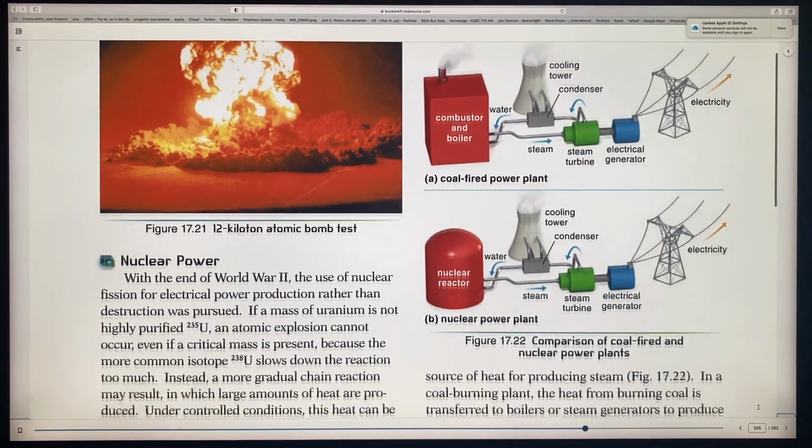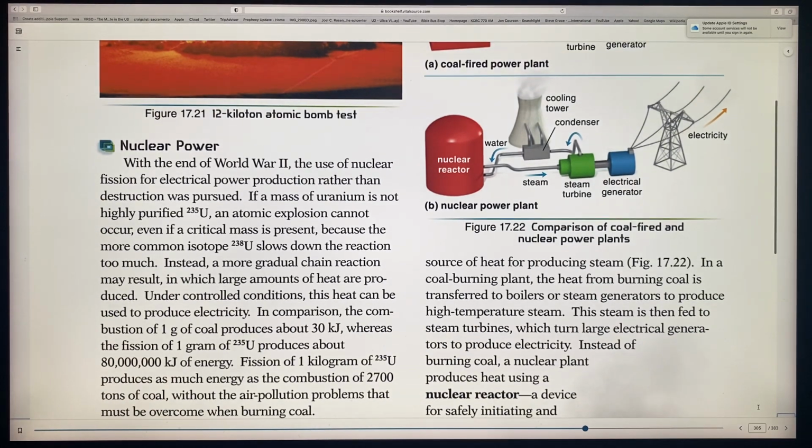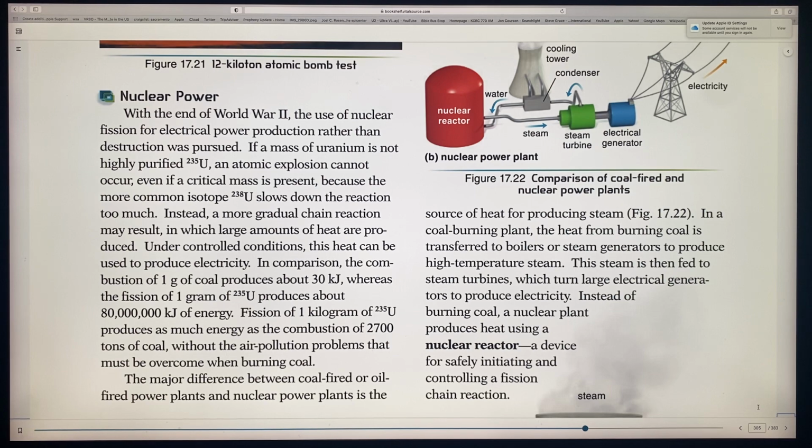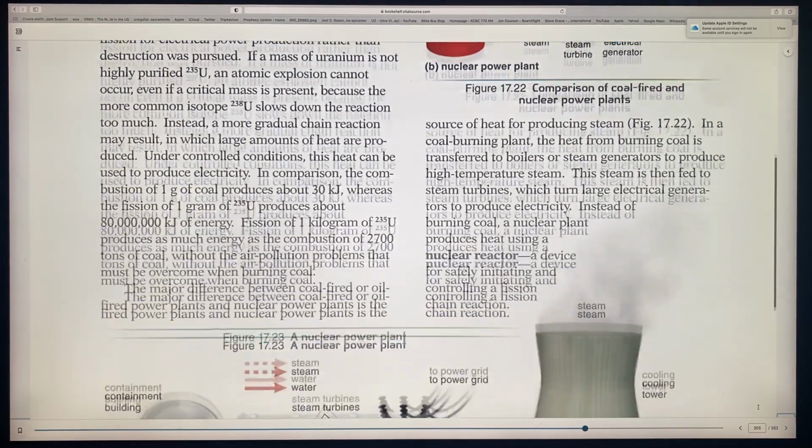This steam is then fed to turbines, which turn large electrical generators to produce electricity. So instead of burning coal, a nuclear plant produces heat using a nuclear reactor. What is a nuclear reactor? It's a device for safely initiating and controlling a fission chain reaction.